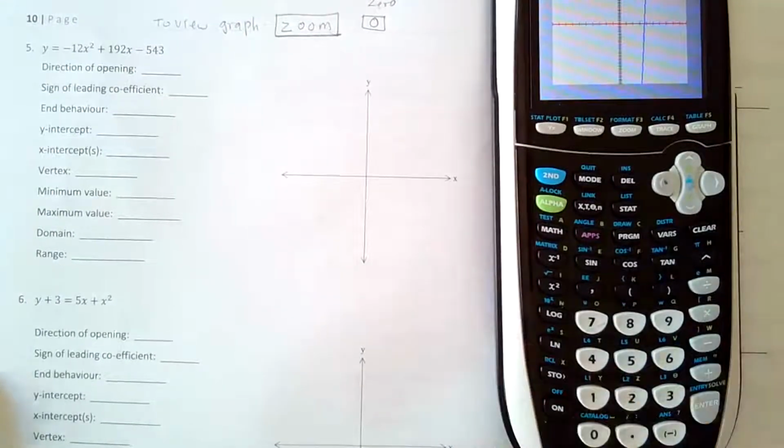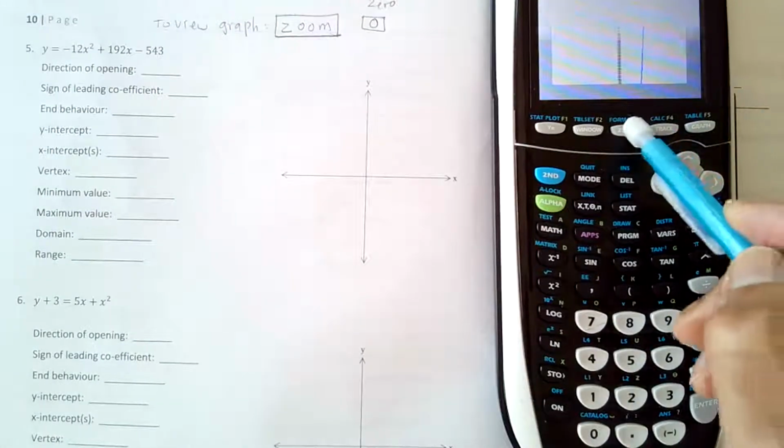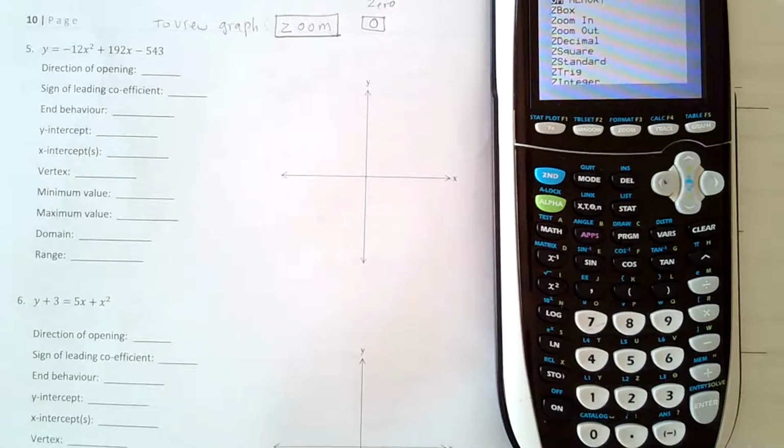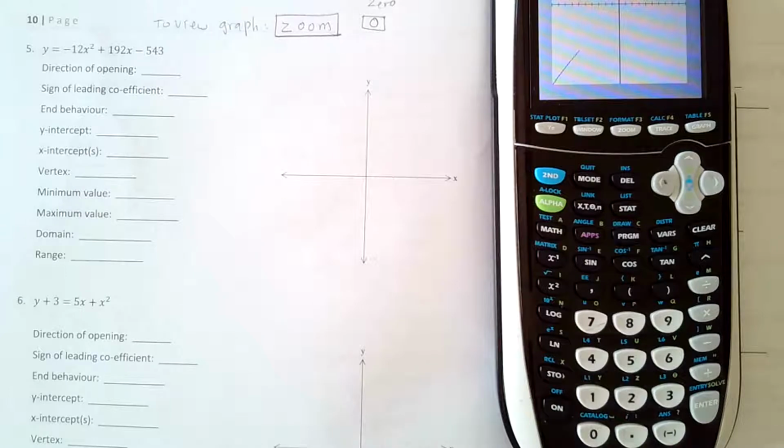Let's see what happens. Press my zoom button and 0. It'll take a few seconds, and there, what you're doing by pressing zoom 0 is zooming in to the graph. Now notice I'm not seeing the right side.